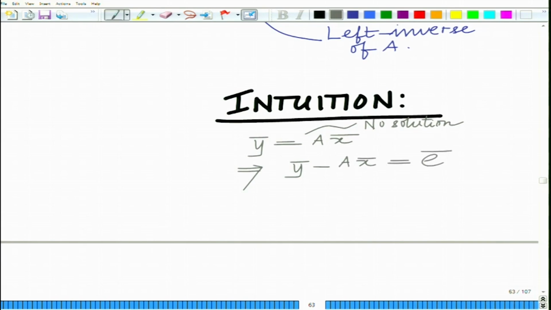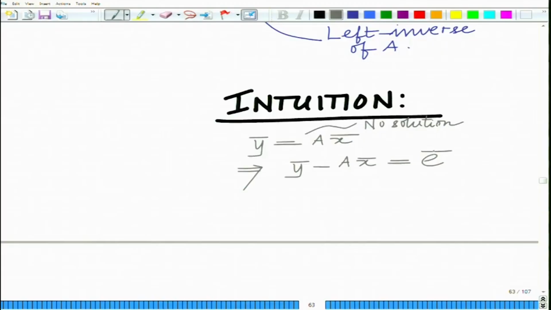Because this is an overdetermined system, if you consider three equations and 2 variables, you have 3 lines, and unless they all intersect at a point, this does not have any solution. So there will always be an approximation error, let us denote that by e bar. This is the approximation error.